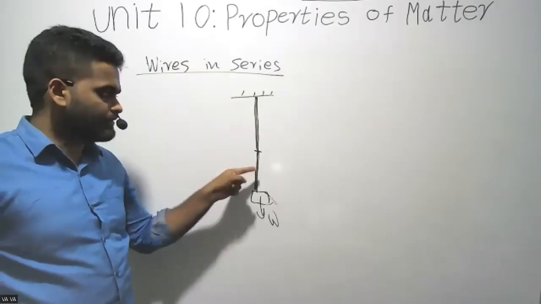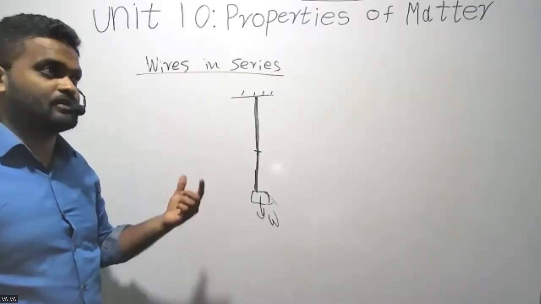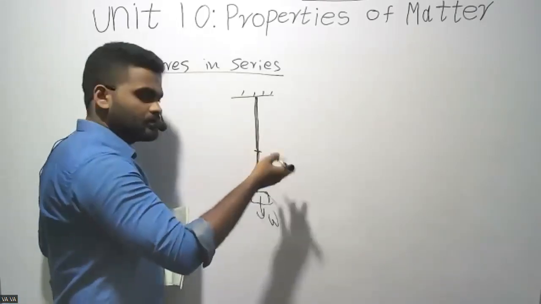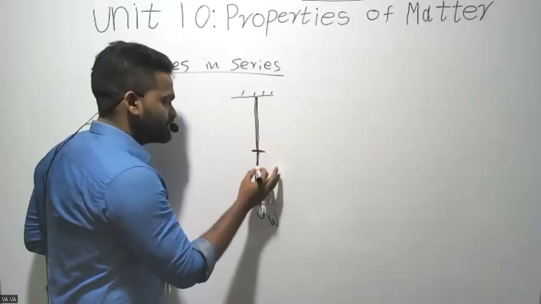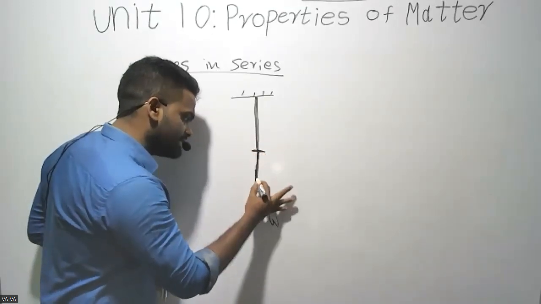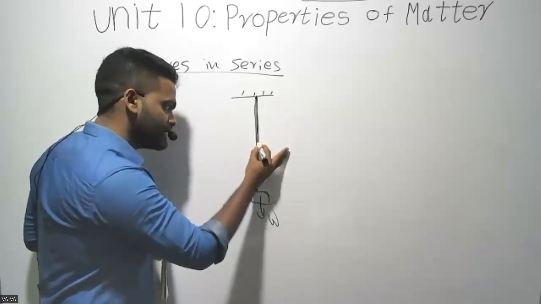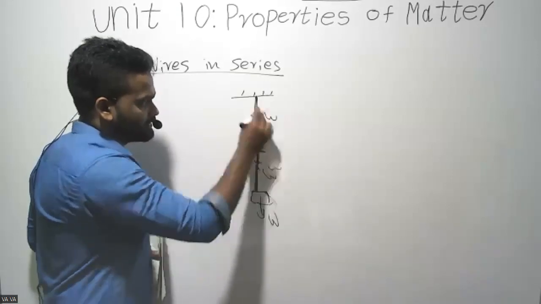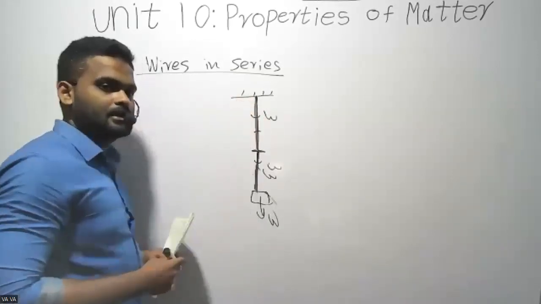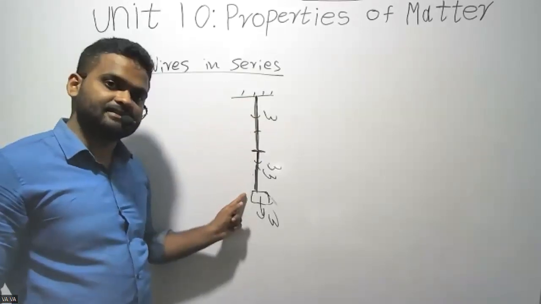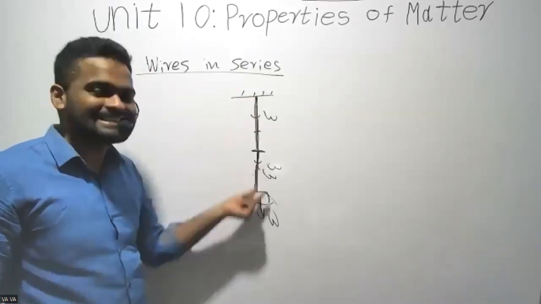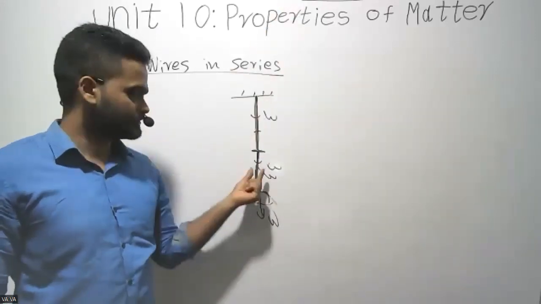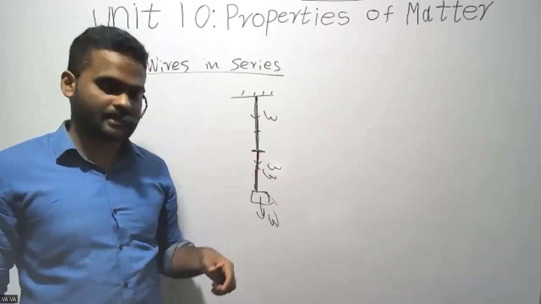Whenever you have a light wire, without any mass, the tension of that wire is the same everywhere, so everywhere the tension is just W. These are two types of wires, but since they are in series, the tension is the same, meaning the force is the same throughout the compound wire.